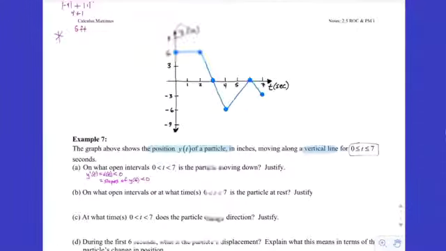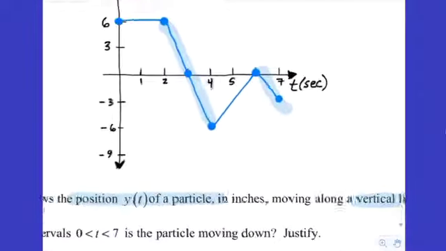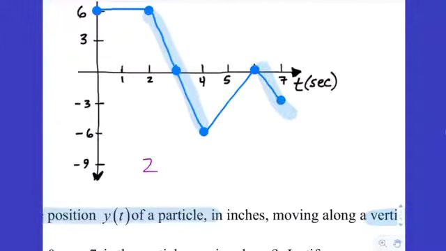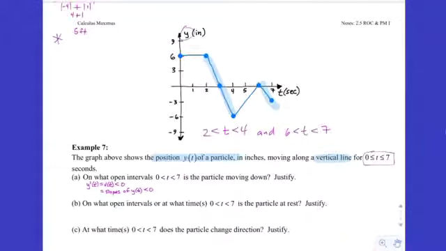Where is this graph decreasing? Between what time values? From 2 and 4. So you could do it like this. 2 less than t less than 4, and 6 less than t less than 7. And then do we have units here? Seconds.